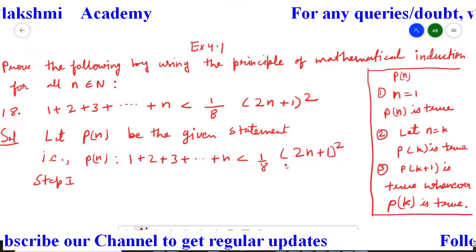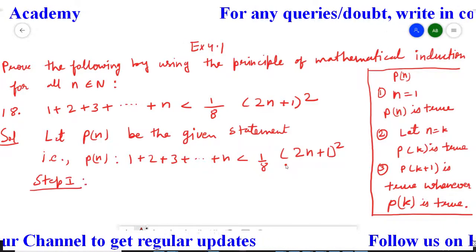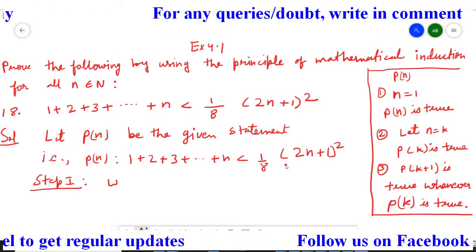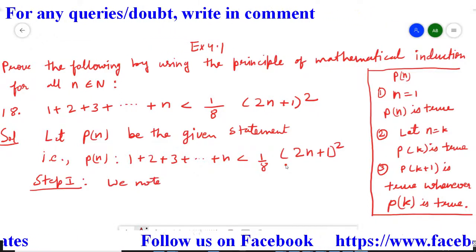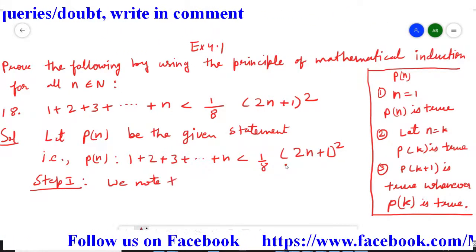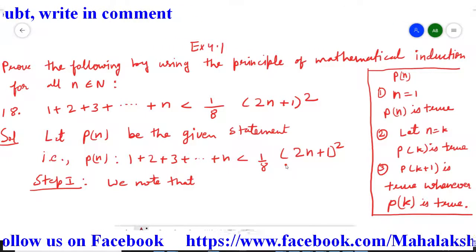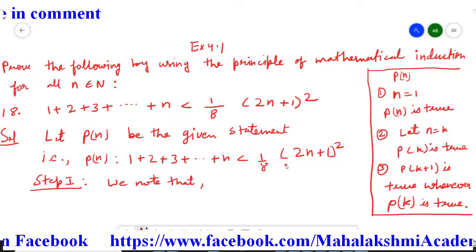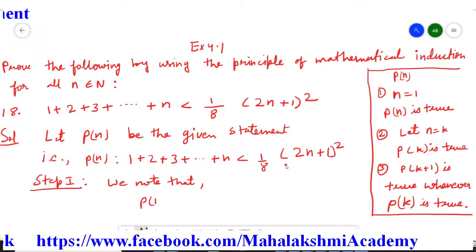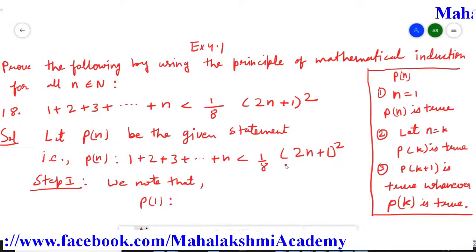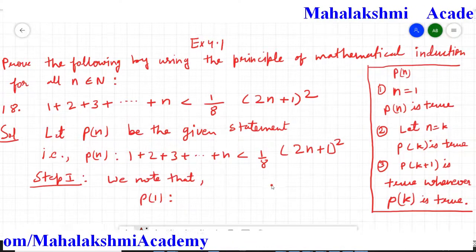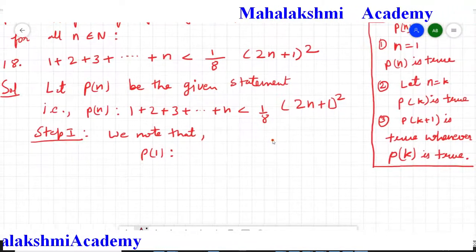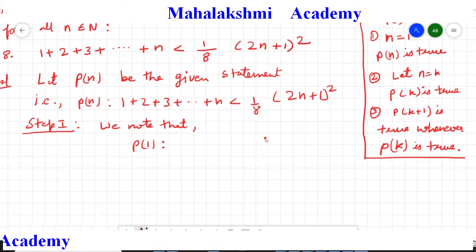In step 1 we have to prove it for n equal to 1. So we write here, we note that P1. Now I am writing the P1 statement. Left side and right side both we have to write down. Here we do not have to solve the left hand side and right hand side separately because it's an inequation, so we solve both sides together.